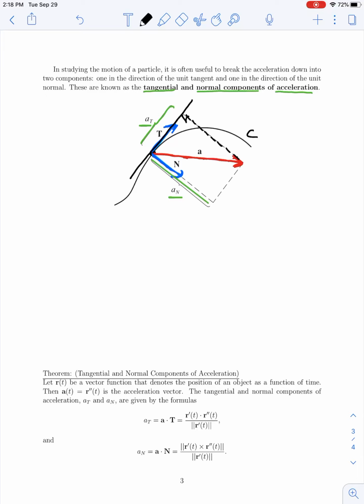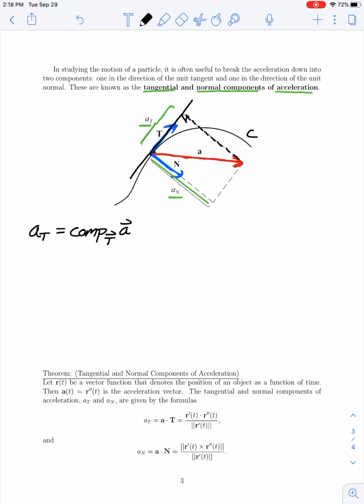What we're interested in is the scalar projection of the acceleration vector onto the unit tangent vector. So this tangential component of acceleration, which I'll denote as a sub t, is really the scalar projection or the component of the acceleration vector projected onto the unit tangent vector t.